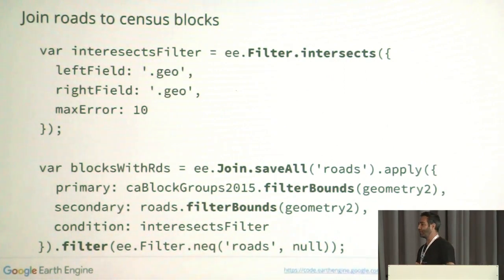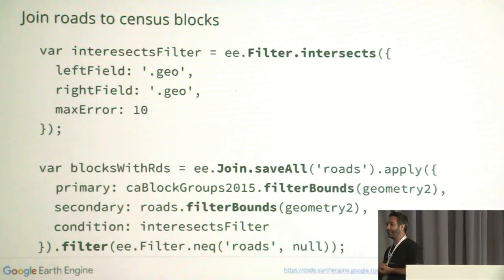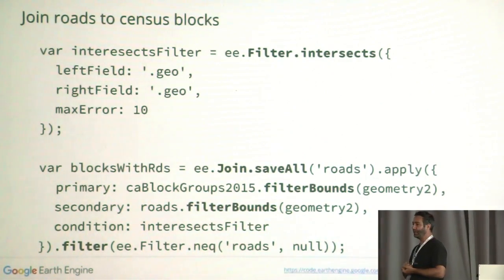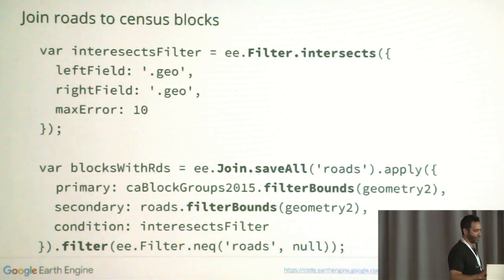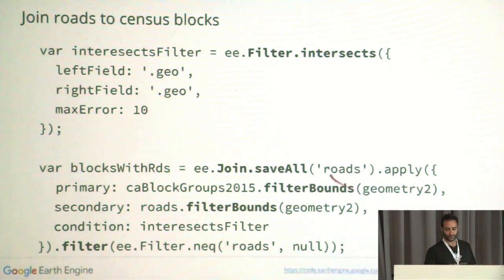And the first thing that we're going to do is join the roads to the census blocks, or the block groups, sorry. And the way this works is that first define a filter to give to the join. And the filter is going to be an intersects filter. And when you're doing a spatial join, you specify that the fields you're going to use are .geo.